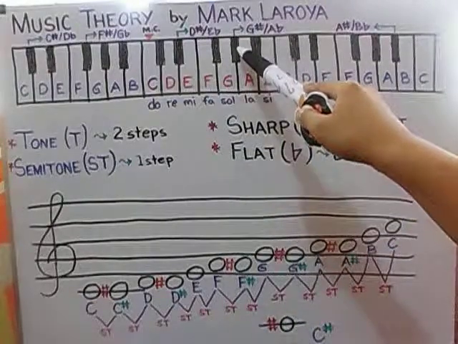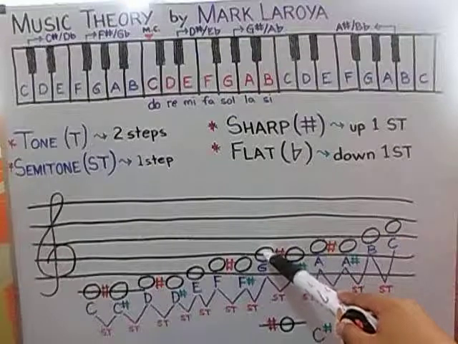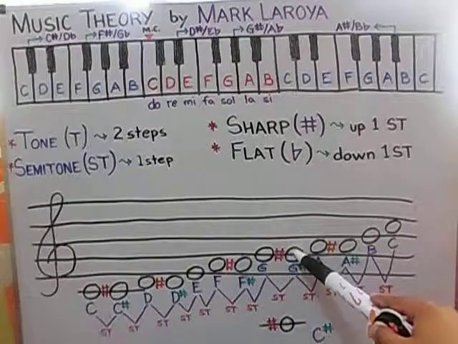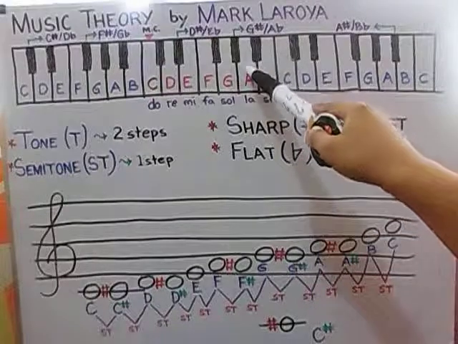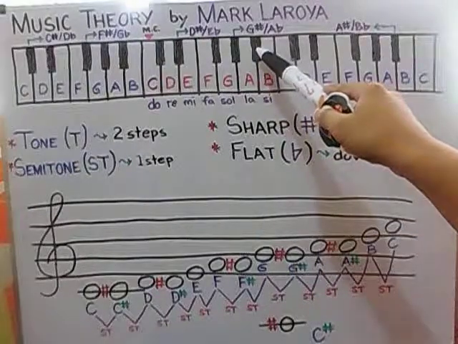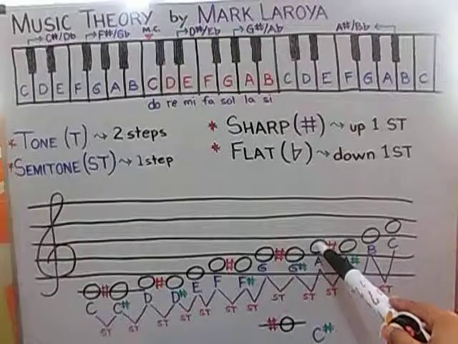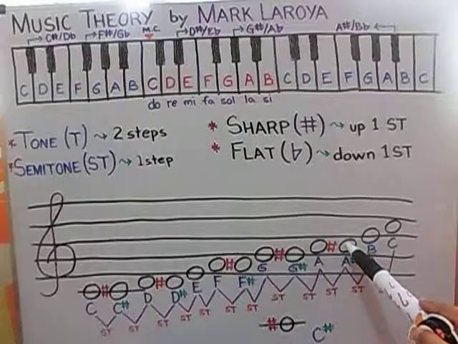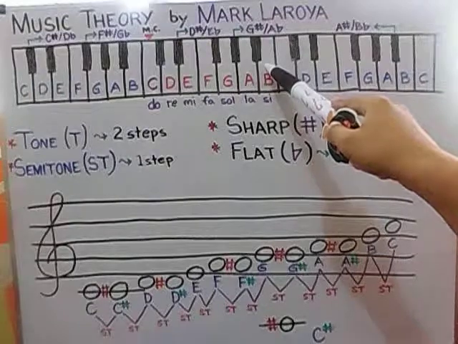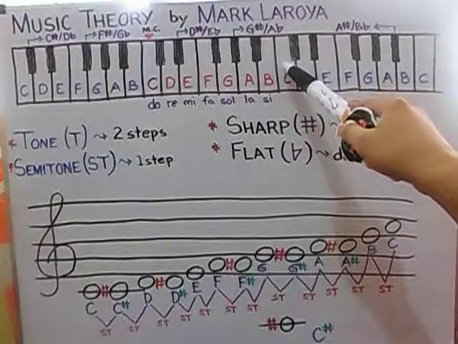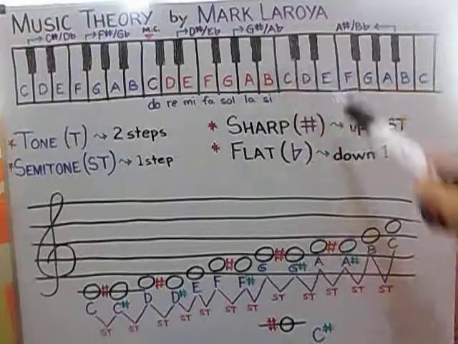For G, it has a G sharp: G natural, and G sharp with a sharp symbol. For A, we have A natural, A sharp. For B, we have no sharp, so we move on to C.